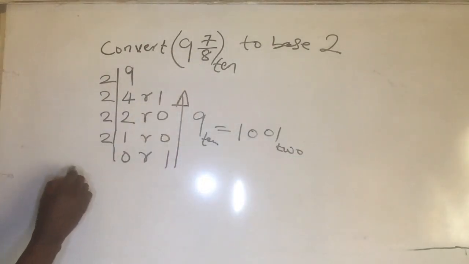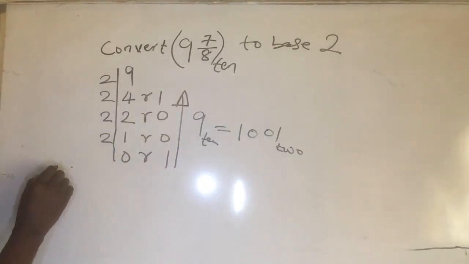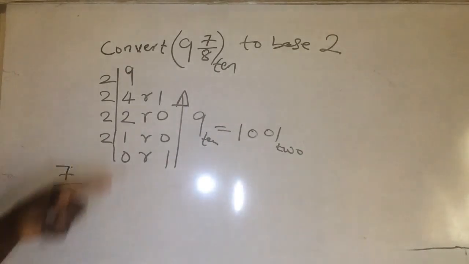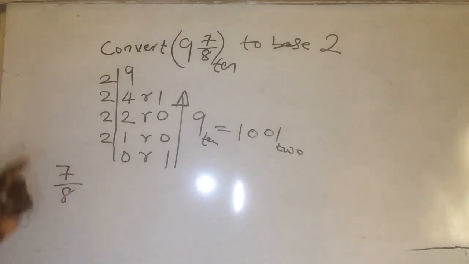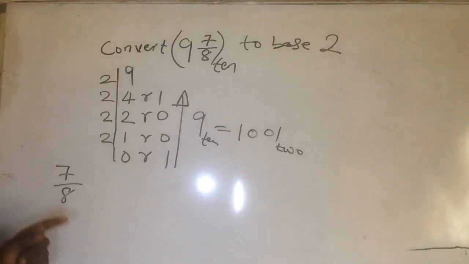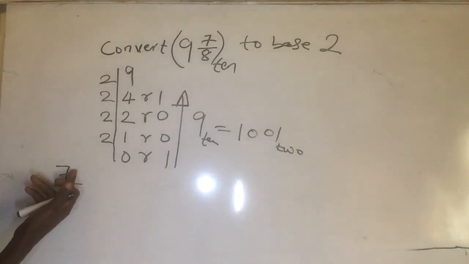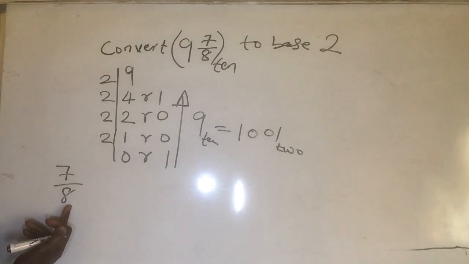So now this is 7/8. The first thing to be done if you want to convert this fraction to base 2 is to check whether it is in lowest term. What do I mean by lowest term? Lowest term is to check whether there is any common number that can divide the numerator and the denominator.